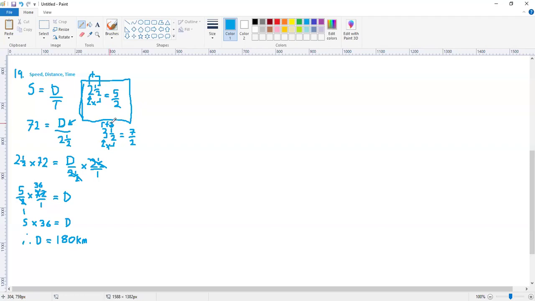And then the time, like you put 72 equals d over 2.5. How did you get the time for that? Okay, we remember the question told us the time. Take a look at the question.